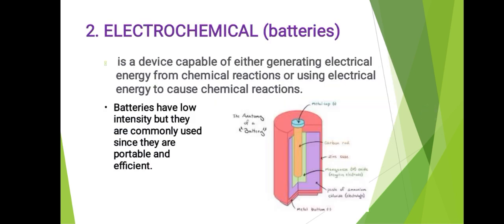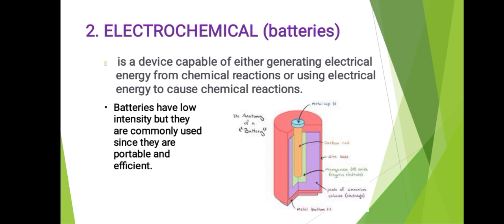So the second is the electrochemical batteries. It is a device capable of either generating electrical energy from chemical reactions or using electrical energy to cause chemical reactions. So electrochemical, it is a chemical source of energy that produces direct current or DC.